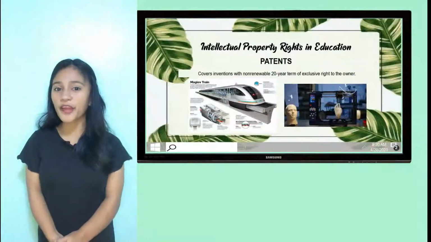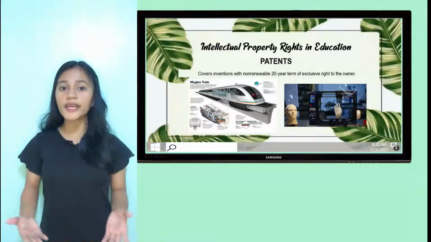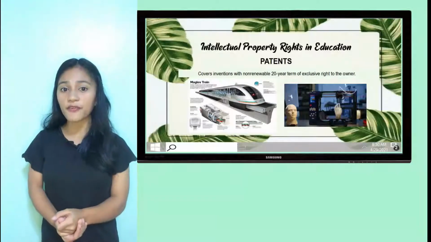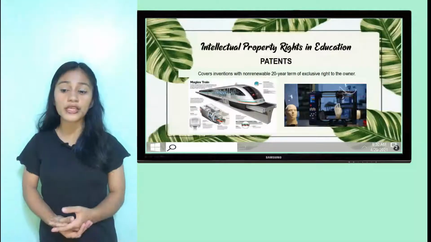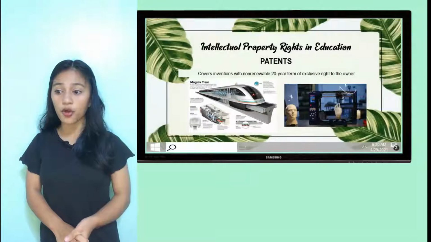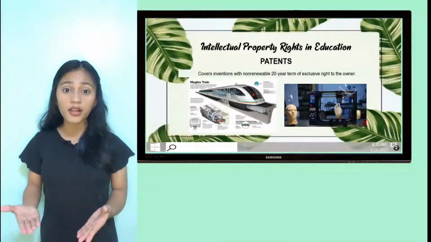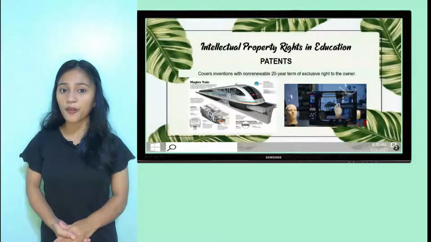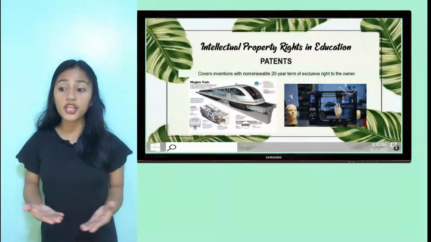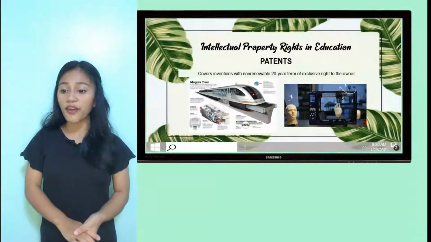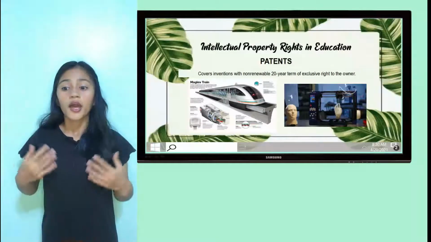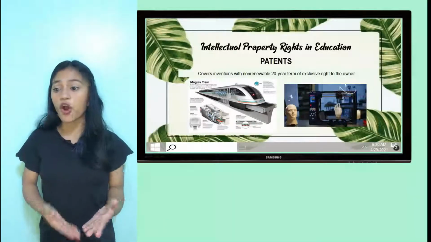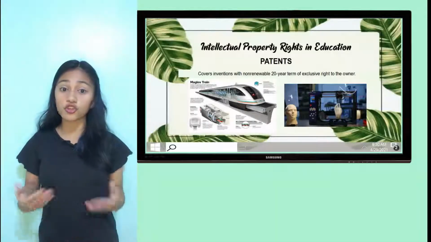The next one are the patents. Patents only cover inventions. These patents are under the federal patent law, in which patents for novel, useful, and non-obvious inventions are granted for a non-renewable 20-year term, granting the inventor the right to exclude others from making, using, or selling the invention during that time.